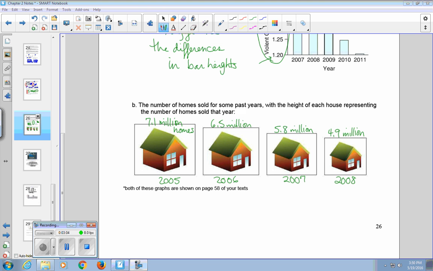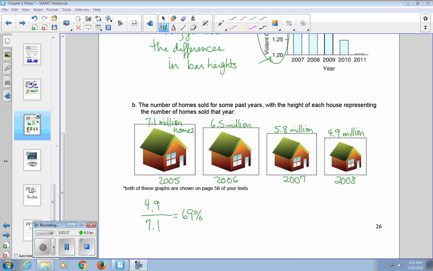As an example, again, heights are proportional to sales. If we take the height of, let's say, 2008, 4.9 million, and compare that to the height of 2005, we get that this is 69%. And that does represent the amount of homes sold in 2008 compared to 2005.